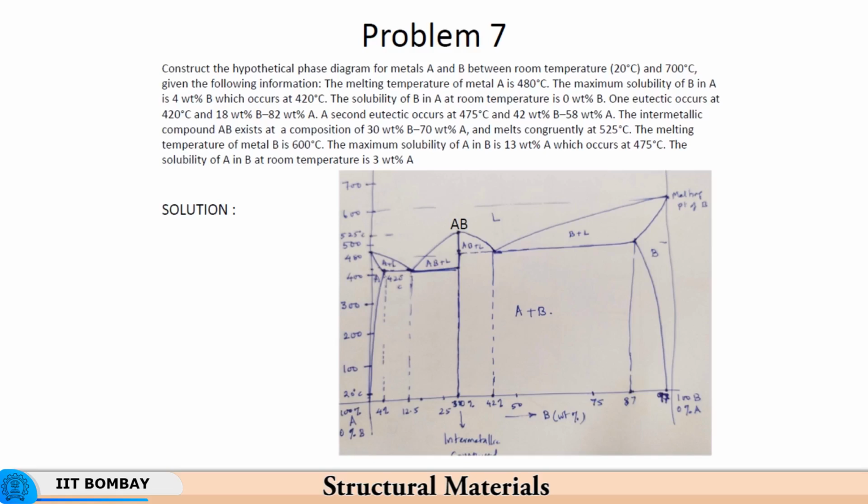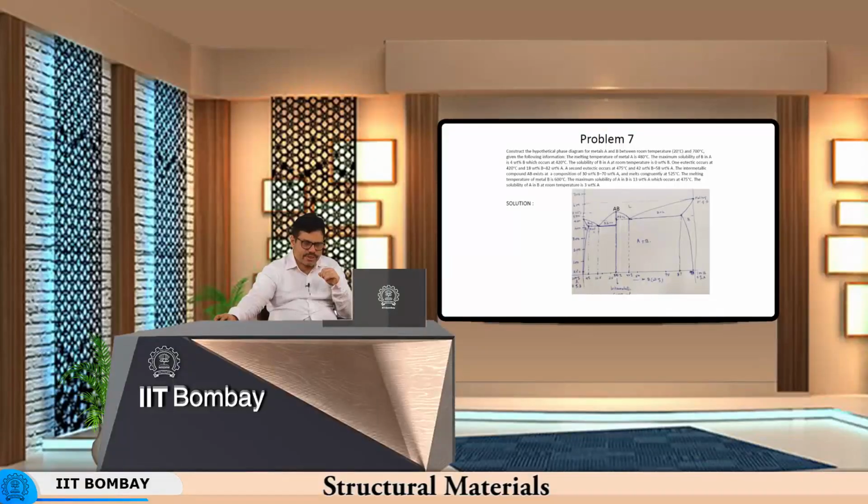Now, the eutectic occurs at 18%. So, 18% is over here. So, 18% is the eutectic point, and you join this eutectic point with that. But the eutectic temperature is 420 degrees centigrade, so that point is fixed, and you need to join this here.